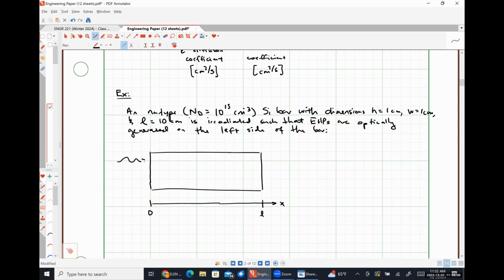We are shining some sort of light onto the left end of the bar, imparting charge carriers in that area enough energy to get up into the conduction band. Gabriel, what's up? EHP, electron hole pair.